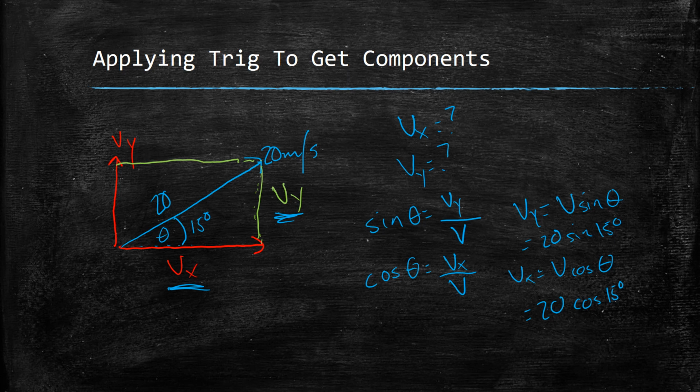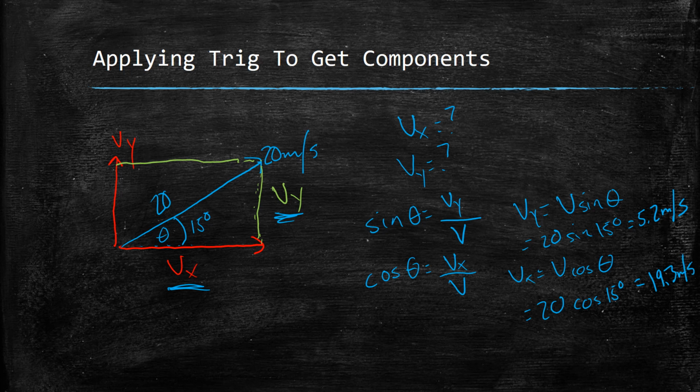And 20 times the sine of 15 degrees is 5.2 meters per second, and 20 times the cosine of 15 degrees is 19.3 meters per second.